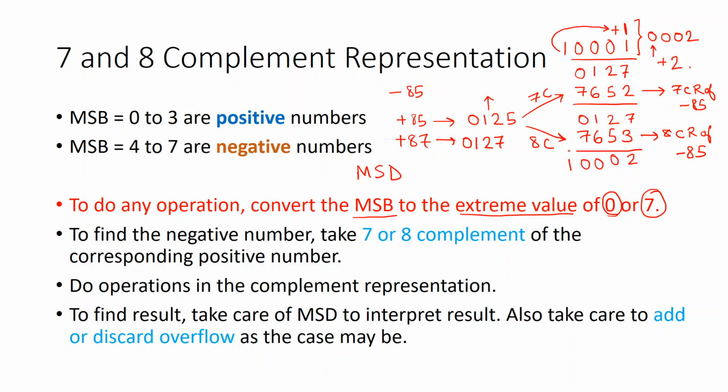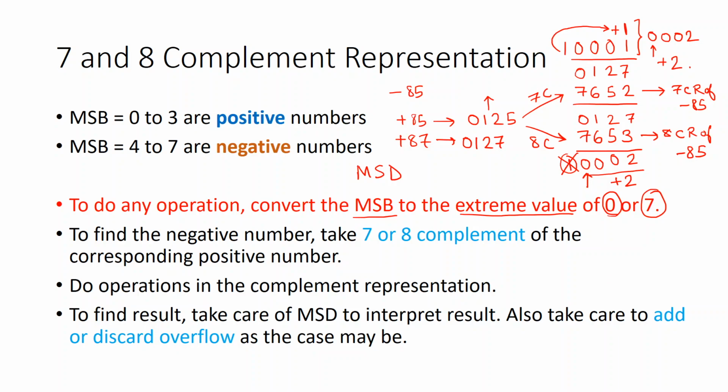And since this is in 8's complement representation, the overflow that we have has to be discarded, and the remaining number gives you the actual result. And here you see, look at the MSD, it is positive, and the magnitude, you look, it is 2. So I hope that is understood.